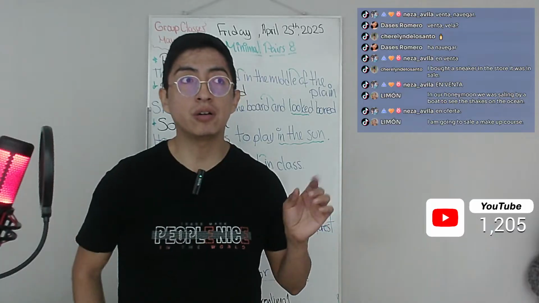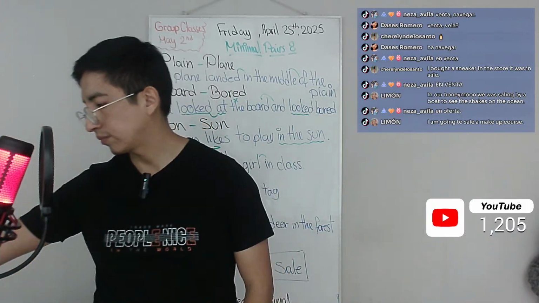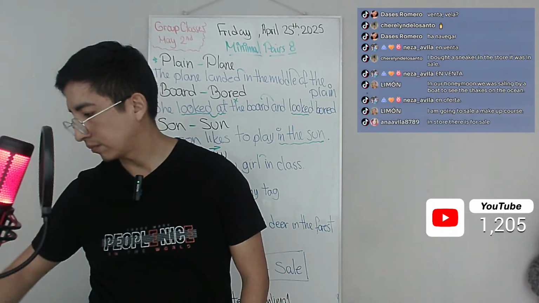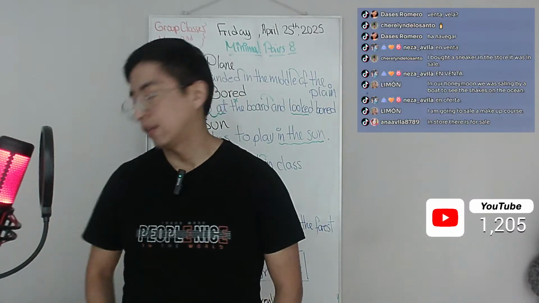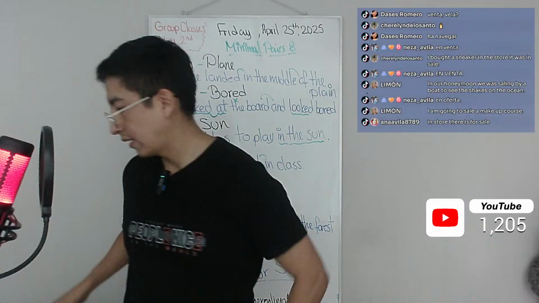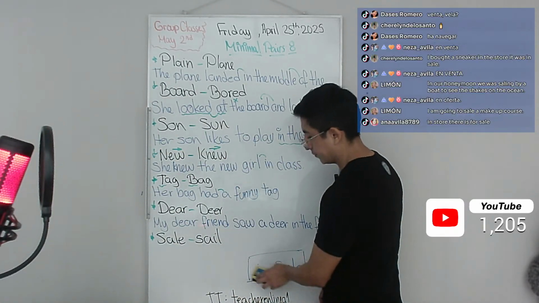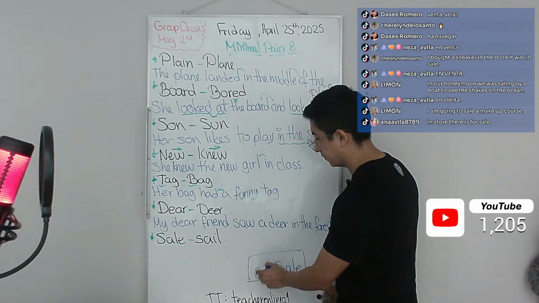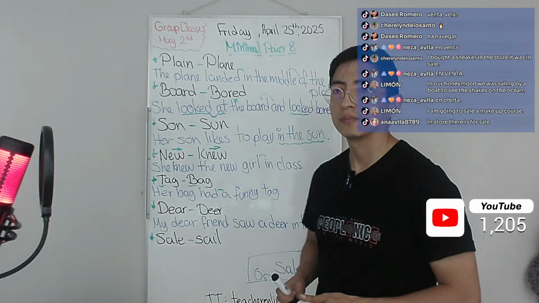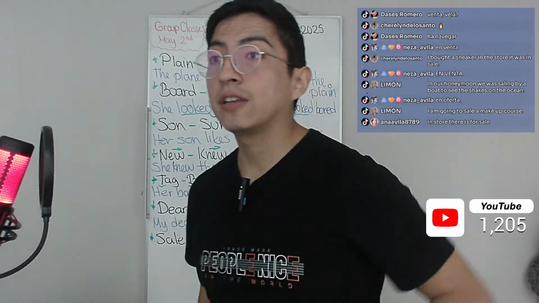Okay. She bought a sailboat on sale. I'm going to change the for sale, and we're going to put here on sale. Okay, very good. Let's read your sentences there.